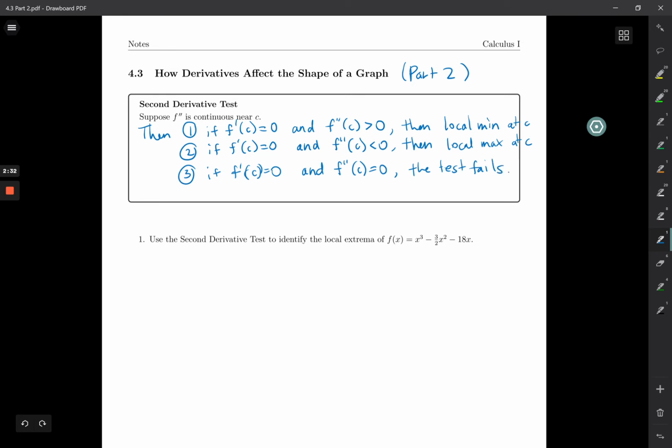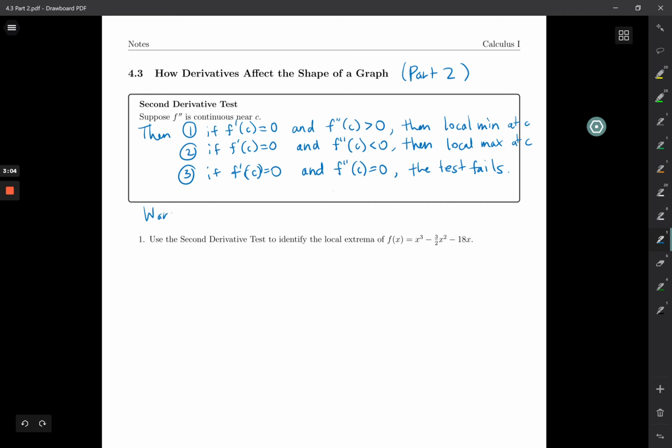This test doesn't tell us anything about whether the point c is the location of a min or a max. It could be that it is not a max or a min, or it could be that it actually is, but we just can't tell. So basically it doesn't give us any information.